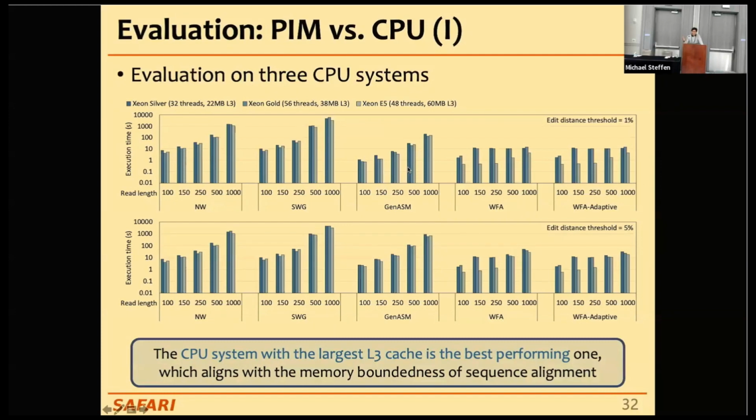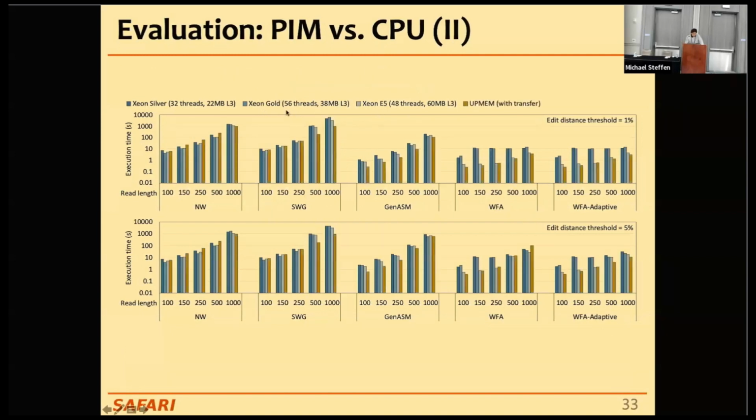The first and most interesting observation here is that the CPU system with the largest L3 is the one that performs the best, and this clearly aligns with the fact that these workloads are memory bound. Larger L3 will alleviate the data movement bottleneck more, and that's why we observe better performance, even though it's not the system with the highest number of threads, for example.